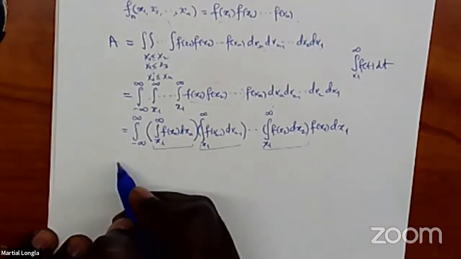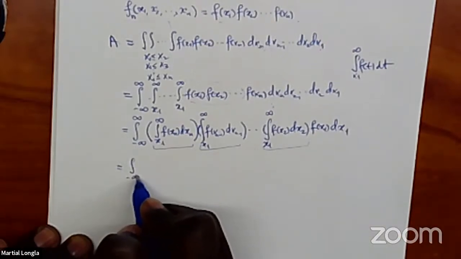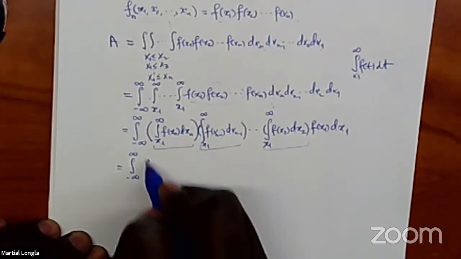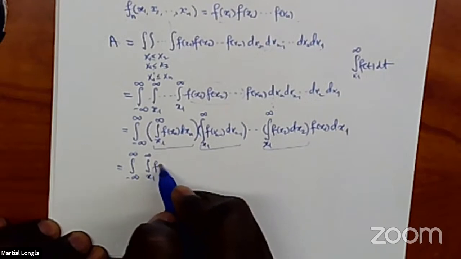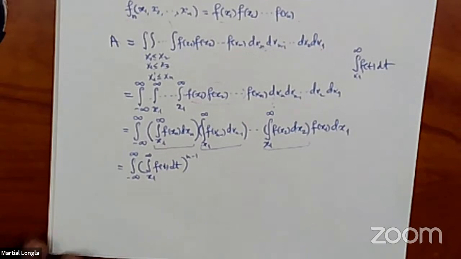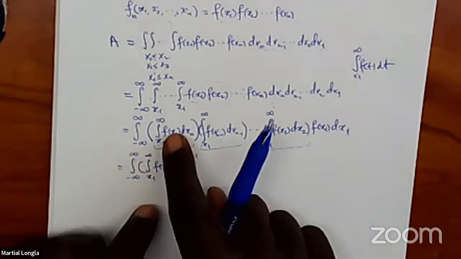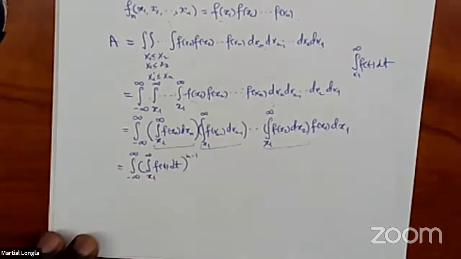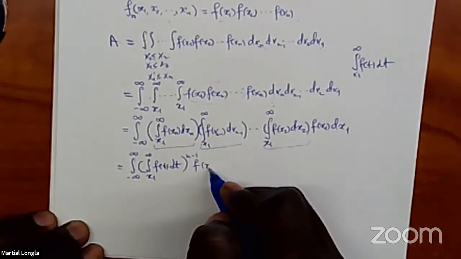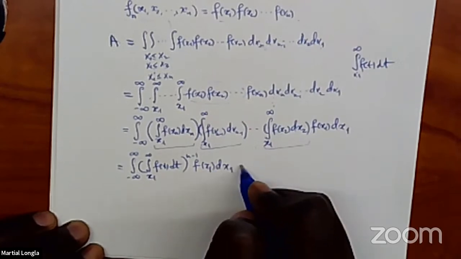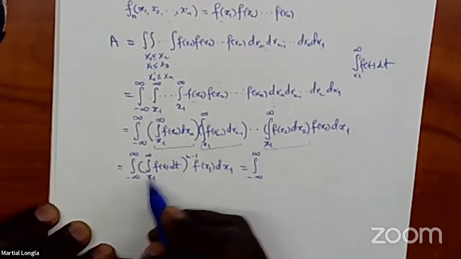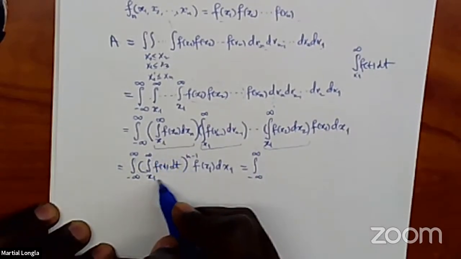Therefore, this whole thing is equal to the integral from negative infinity to infinity of the integral from x1 to infinity of f of t dt, raised to the power n minus 1, because there are n minus 1 such integrals inside, times f of x1 dx1. And what is this inner integral equal to in terms of the CDF?